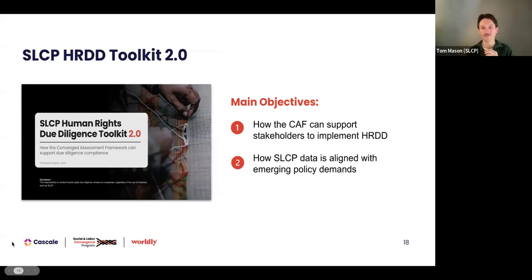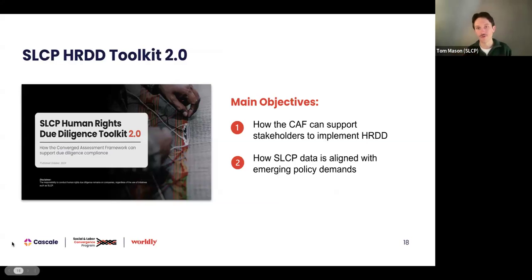The toolkit is a key resource for us to communicate to you how the CAF is aligned with different pieces of human rights due diligence legislation. As Elizabeth mentioned before, there's various different updates going on just even within this scope.